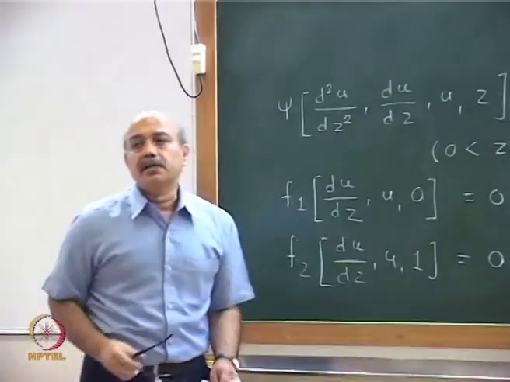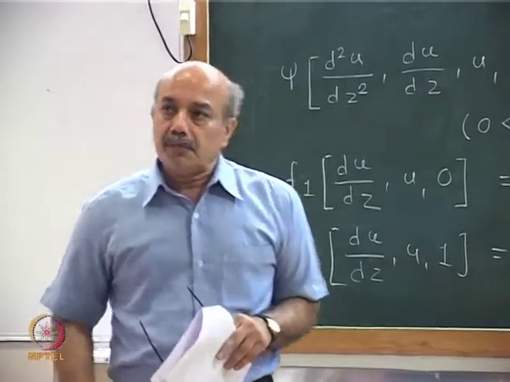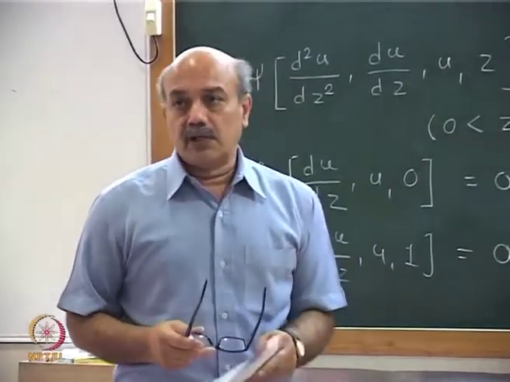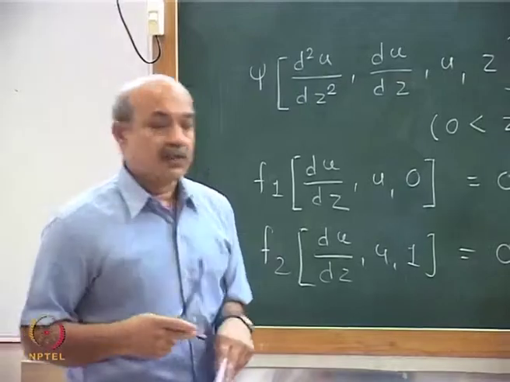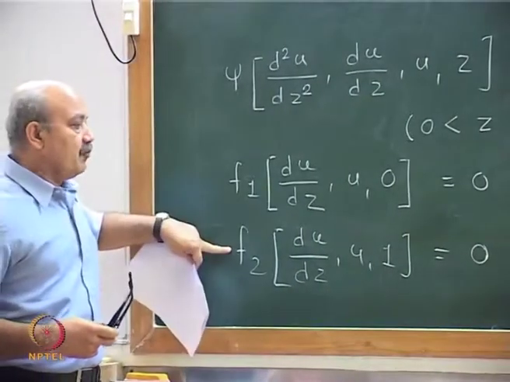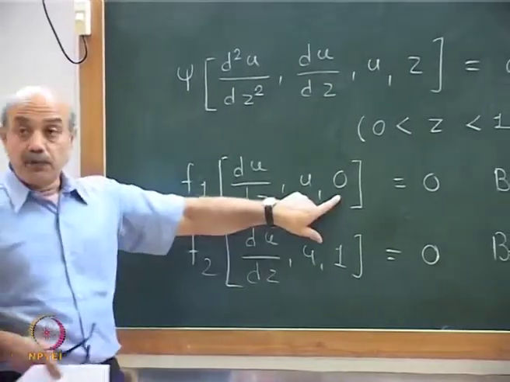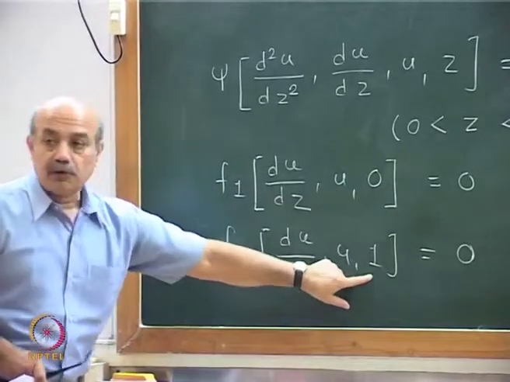So I have this generic problem of solving a second order ordinary differential equation subject to these two boundary conditions, one at z equal to 0, the other one at z equal to 1.